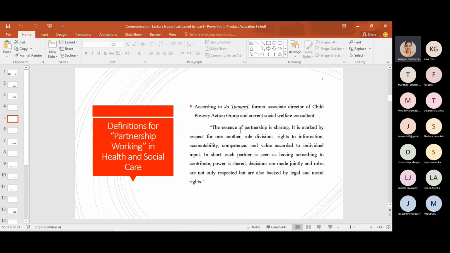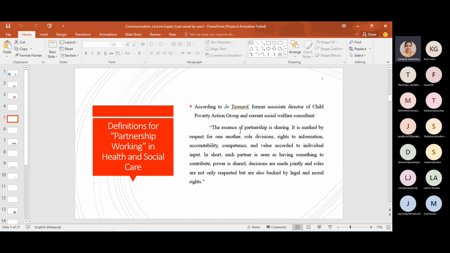Okay, so the essence of partnership is sharing. Yes, as we discussed just now, partnership working is all about sharing things. It is marked by respect for one another, role divisions, rights to information, accountability, competence, and value accorded to individual input. As we discussed just now, to maintain the partnership, you should have mutual understanding and you should have respect and trust towards your partnered organizations or partnered companies.